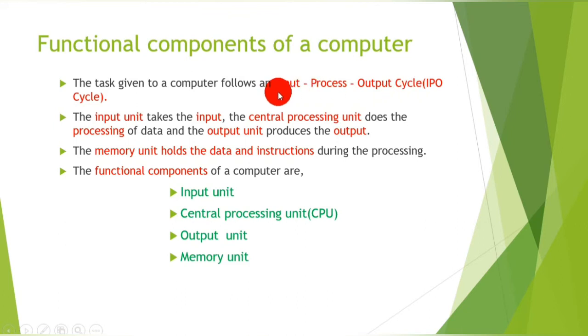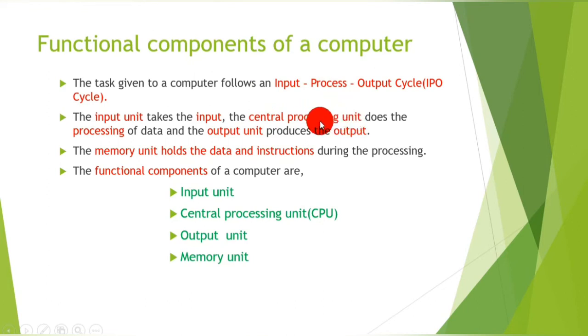What process is done by the input unit? The input unit takes the input from the user. What process is done by the processing unit? It does the real process, that is, the real calculations are done in the processing unit. In your computer, which one is the processing unit? CPU. Yes, the central processing unit.